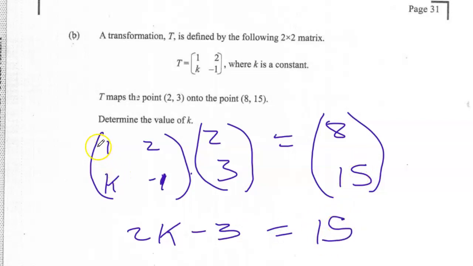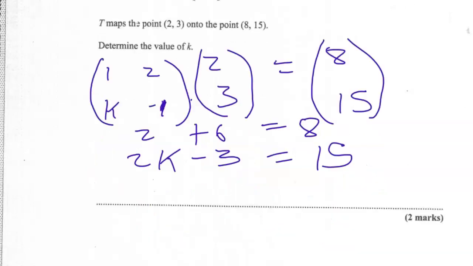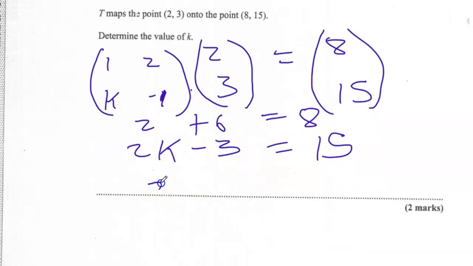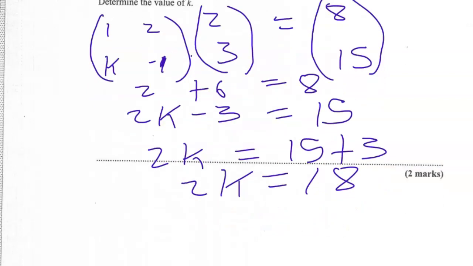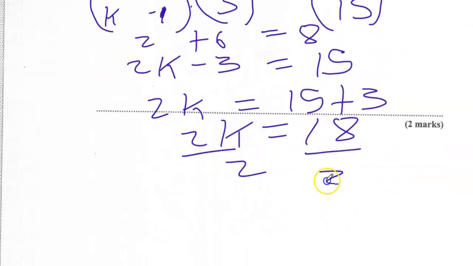So we have 2k minus 3 equal to 15. We group the constants on the right hand side, so 2k equals 15 plus 3, so 2k equals 18. Divide both sides by 2, k is equal to 9.